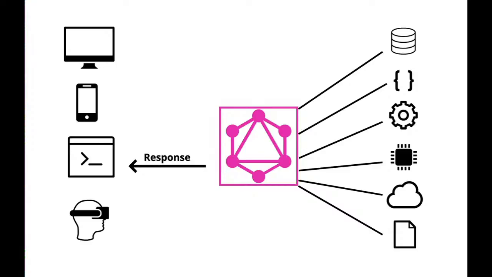And then it's going to deliver this information back to us in a single response. So this is the flow of a GraphQL request. From our clients, we make a request to a GraphQL API. That GraphQL API will collect some data and then return that data in a single response.